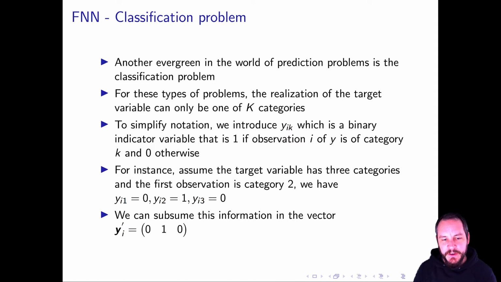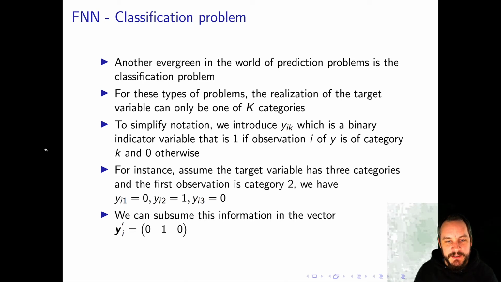And in order to make the notation a little bit easier for us later, we do now something which may look complicated to you. We encode the target variable. We do this by introducing binary indicator variables, which are always either 1 if the observation i of the target variable is the specific category.